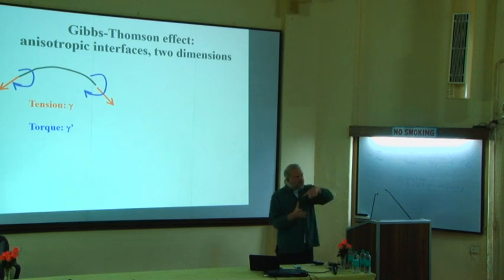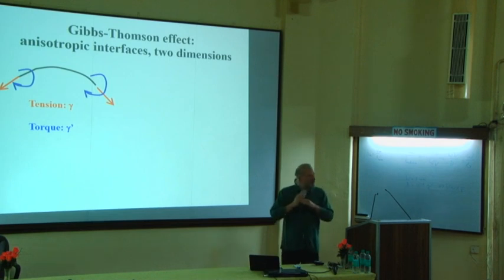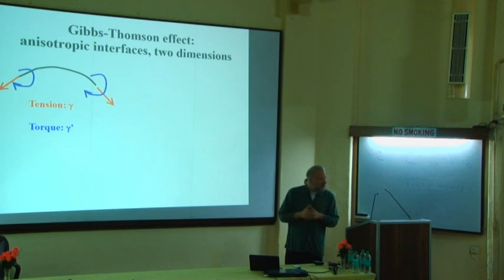Either it can change its surface area, as in the isotropic case, or it can change its energy by rotating. Since the energy depends on orientation, if the surface changes its orientation, it changes its energy. If you change an energy when you rotate, this is not a force, this is a torque. So you can think that the anisotropy exerts a torque on the interface.